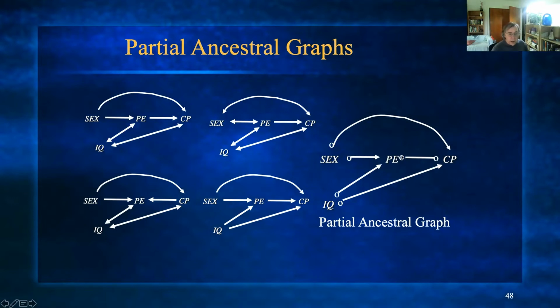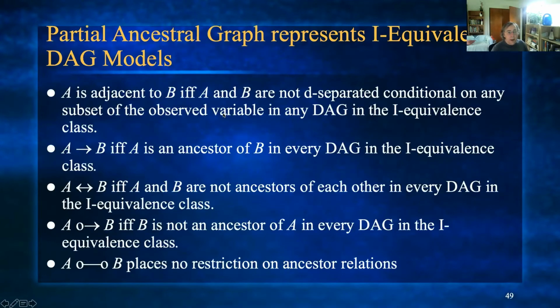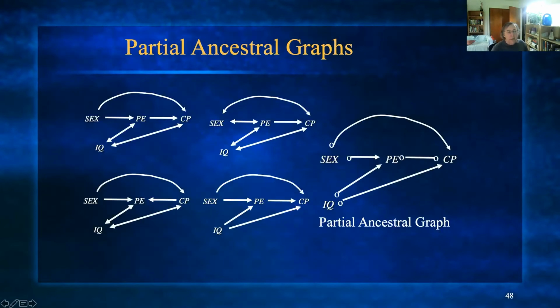On the other hand, in cases where sometimes it's a double-headed arrow and sometimes it's a directed edge, such as sex to CP being directed here and bidirected here, we would put a circle there. Sometimes it's an arrowhead, sometimes it's not an arrowhead.